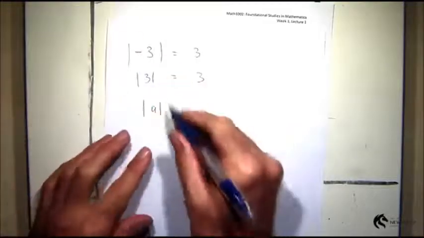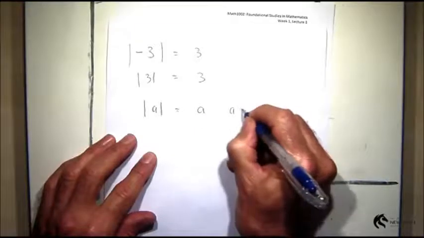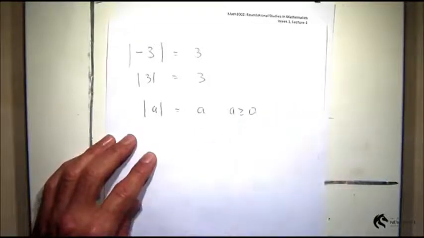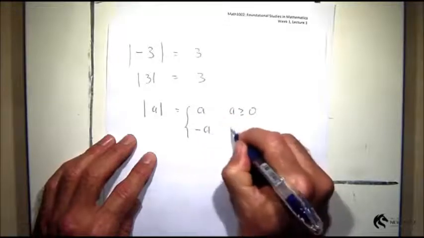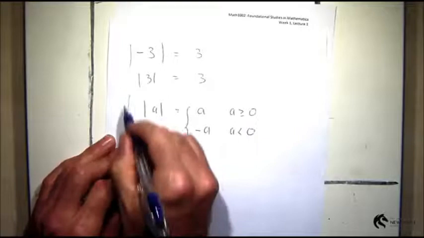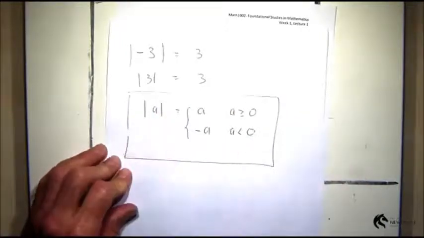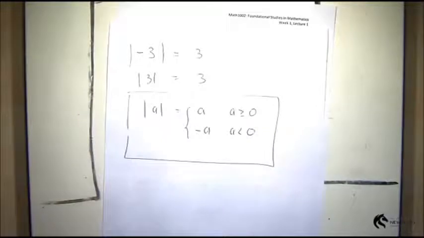So we write that the absolute value of A is just the number itself if A is positive, whereas I've got to multiply by -1 if A is negative. So there's us saying what we intuitively think in mathematical notation.